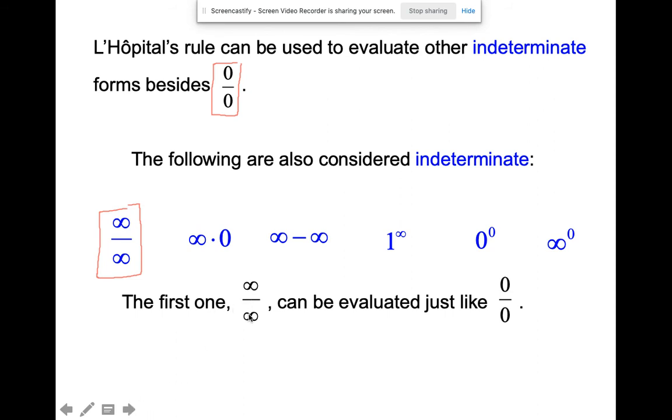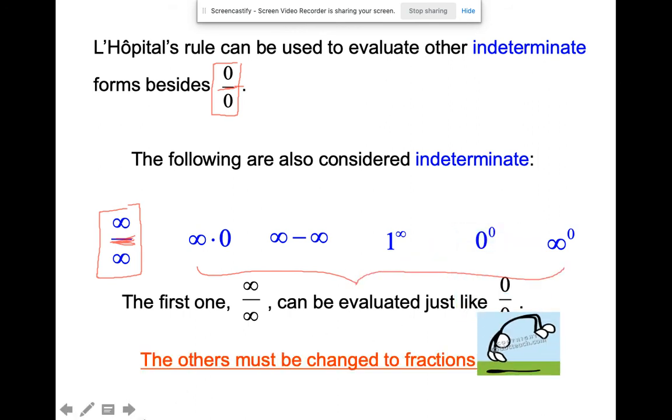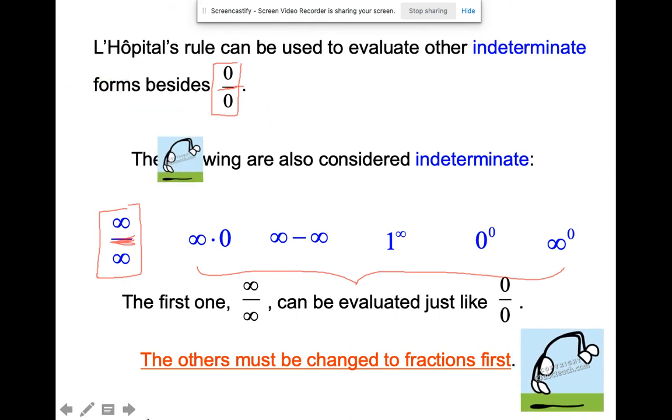When you have infinity over infinity, you deal with it just like you do 0 over 0. Notice that the indeterminate form is a ratio. None of these other indeterminate forms are ratios. So I have to do some calisthenics, some backflips to change them into fractions.